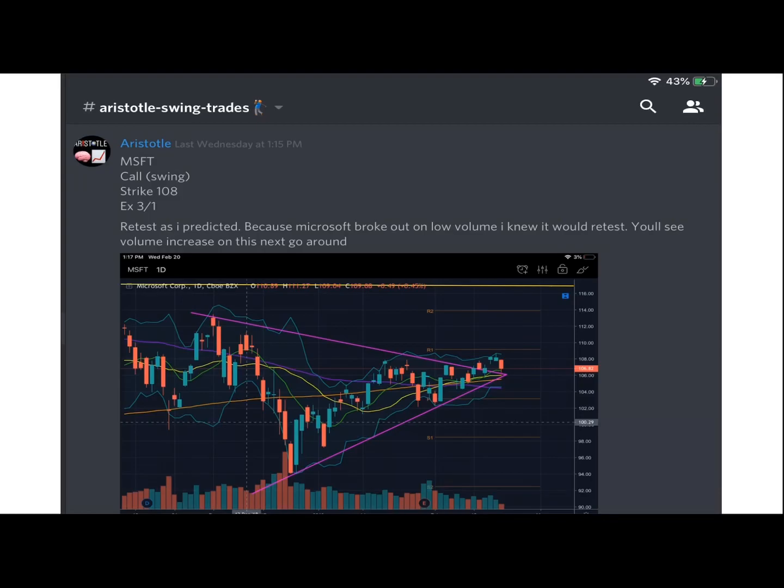So in this example, I did a swing on Microsoft, call swing, strike 108, expiration March 1st. We executed this last Wednesday. And then I show you guys why I swung it, and I pretty much give you the rundown every time. I don't just leave you guys dry. I tell you what to buy and I tell you why to buy it.